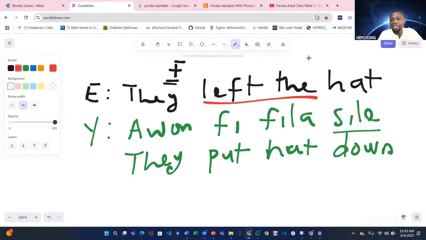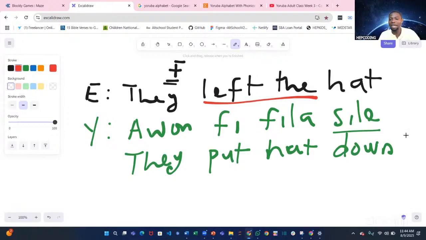But in this case, Yoruba is more like most of the time they are explaining something. Instead of just saying what you need to say, they are describing what is going on. They put the hat down. So it's now like an explanation instead of just a sentence. You get it?